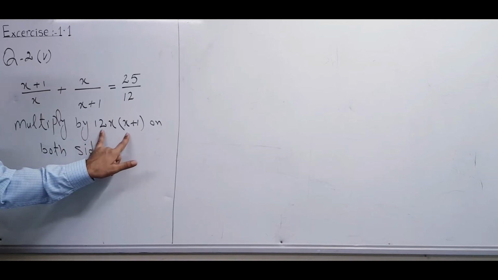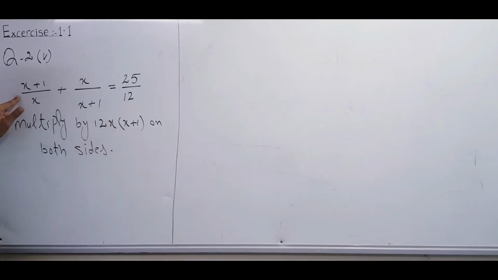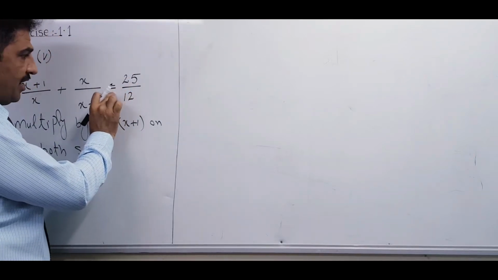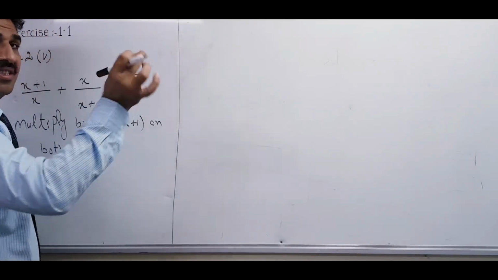This term 12x into x plus 1 we multiply with the first, then second, then third. When we multiply with the first, no equal sign is needed, because the equal sign is already given here.